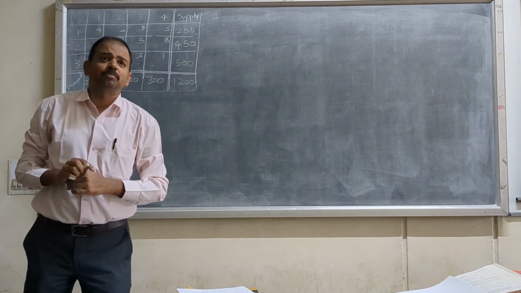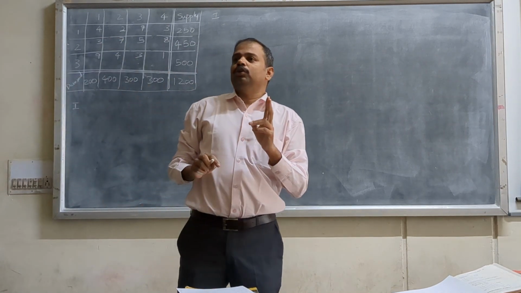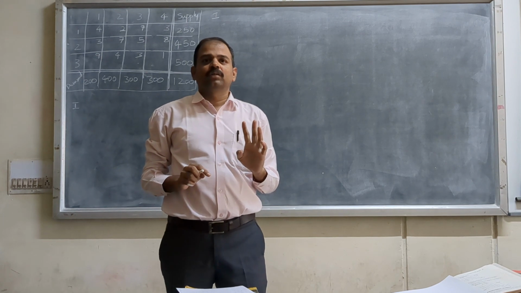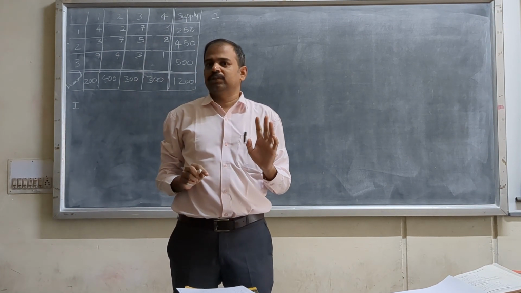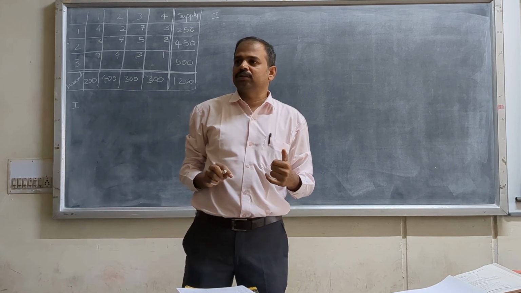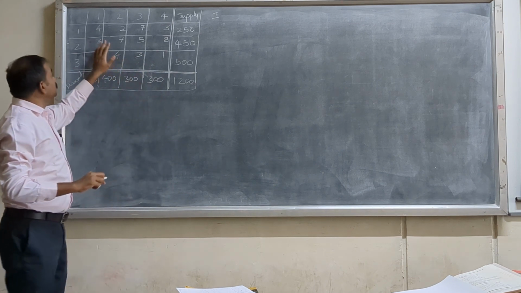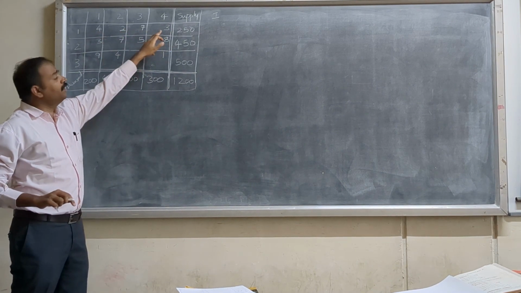Now, how do we compute the penalties? You take the least two costs in the corresponding rows and columns, and find the difference of the least two costs. Let us take the first row: 4, 2, 7, 3. The least two costs are 2 and 3.